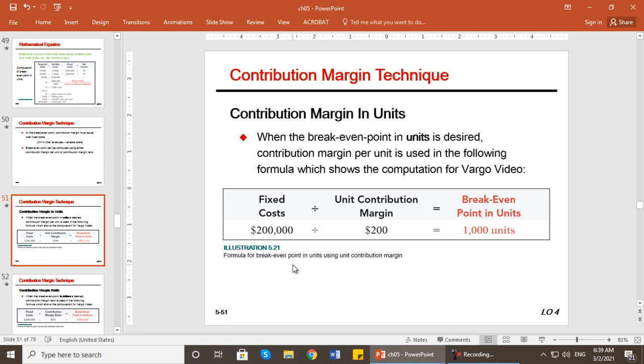When the break-even point in units is desired, contribution margin per unit is used in the following formula: fixed cost 200,000 divided by unit contribution margin 200 equals break-even point in units, 1,000 units. Again, break-even point in units equals fixed cost divided by unit contribution margin. It's easy.